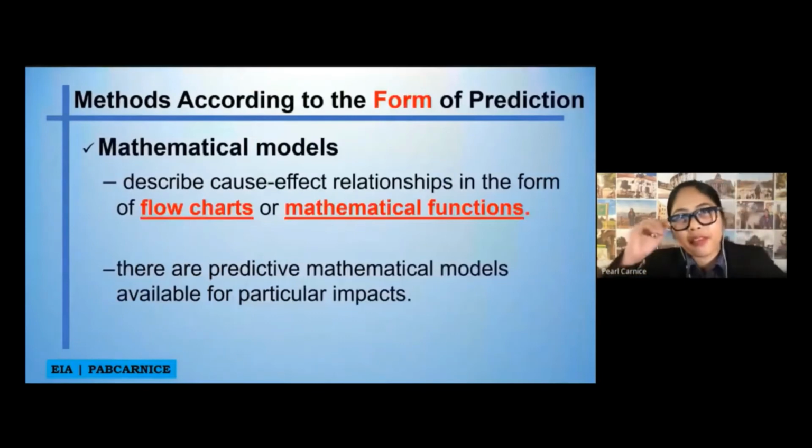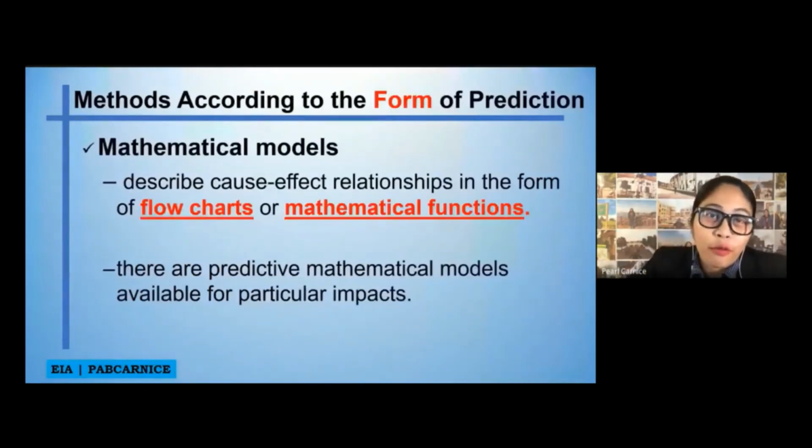The next method, when it comes to impact prediction, is according to the form of prediction. So we have here, for example, mathematical models. So we can describe cause and effect relationships in the form of flowcharts or mathematical functions, in which there are predictive mathematical models available for particular impacts.